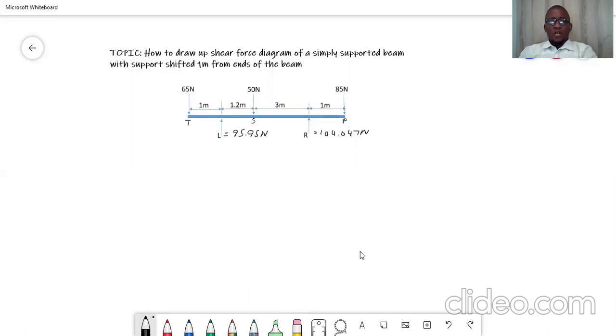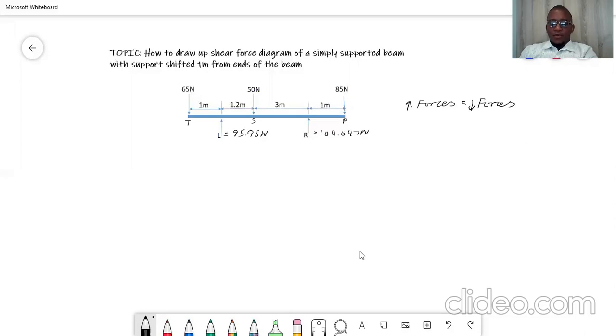And people, before we carry on with the shear force diagram, I would like us to apply Newton's third law, whereby we are confirming that our forces are correct. So Newton's third law states that upward forces must equal downward forces, right?